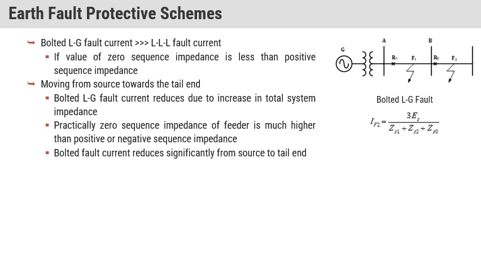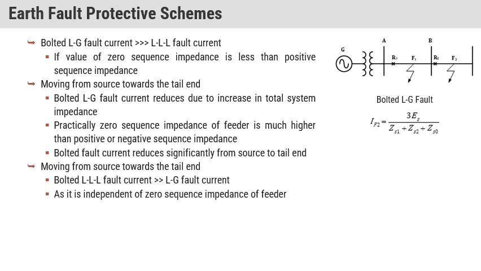Moving from source to tail end, the triple LG fault current is more than the LG fault current, as it is independent of the zero sequence impedance of the feeder.